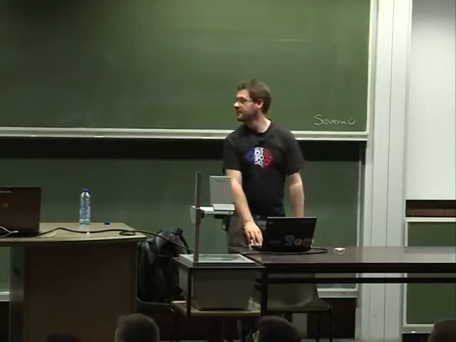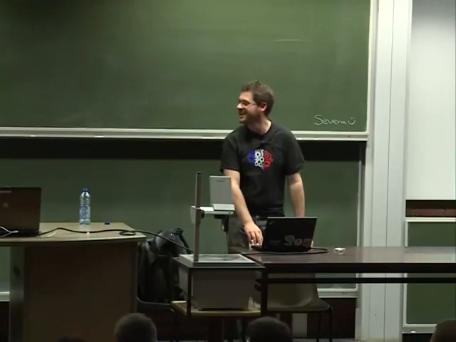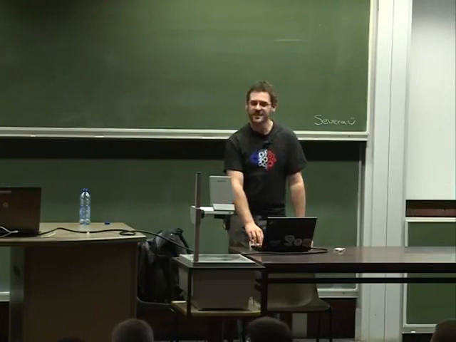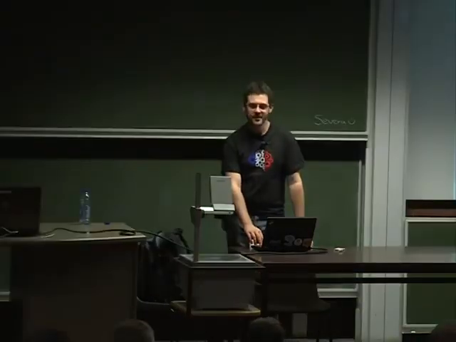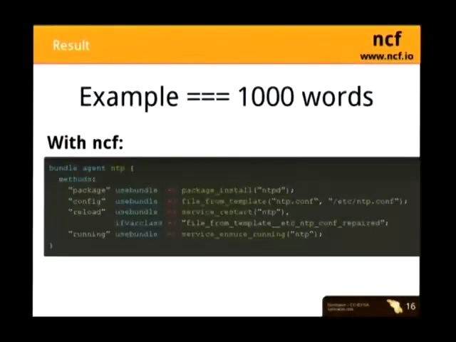Yeah, I'm looking at that right now. Which slide do you want to see there? So this is the one with NCF. Can you see that better? That's the one with NCF, so just basically your 5 lines.